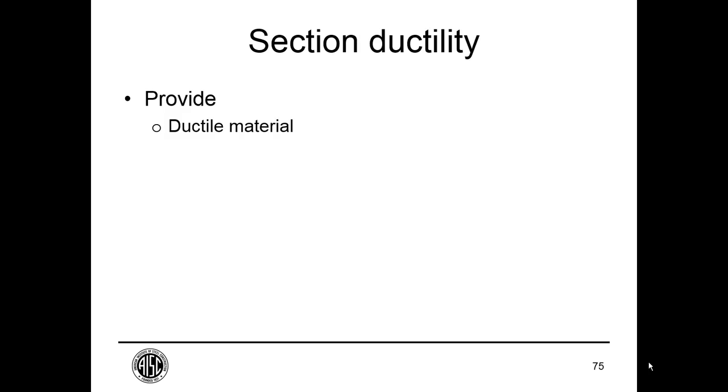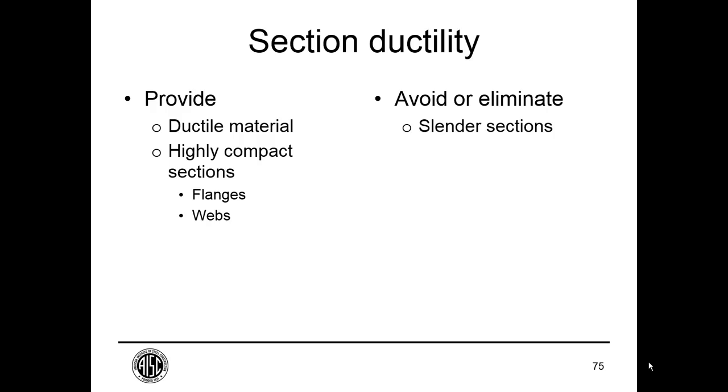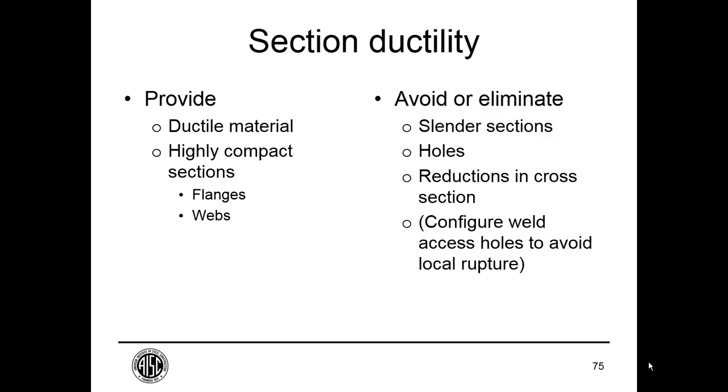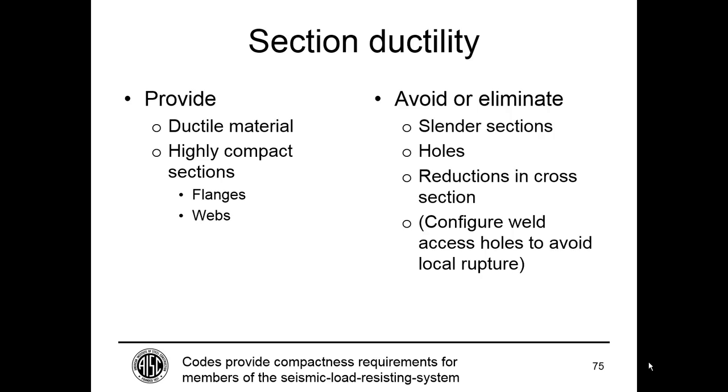Okay. So we want to provide for our sections of ductile material. We also want to provide, and this is crucial, highly compact sections that can develop full yield before local buckling. So we want to avoid slender sections, holes, and other reductions in the cross-section. And we want to configure our access holes to avoid local rupture.